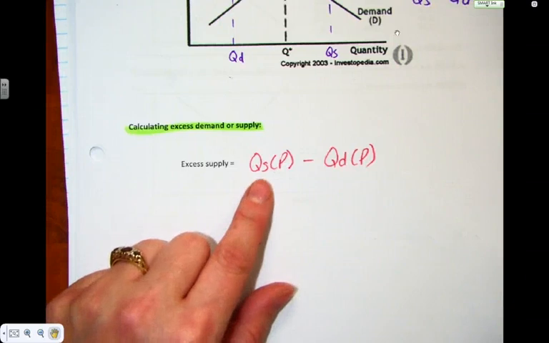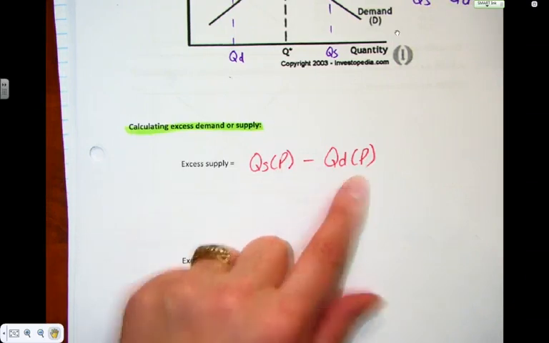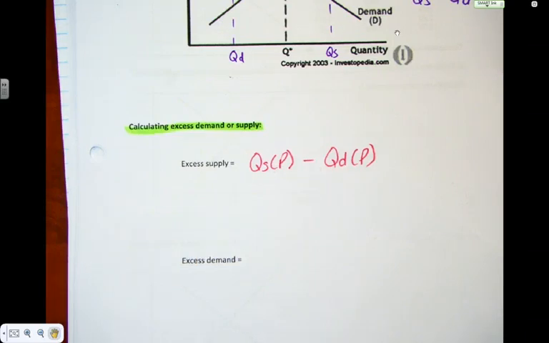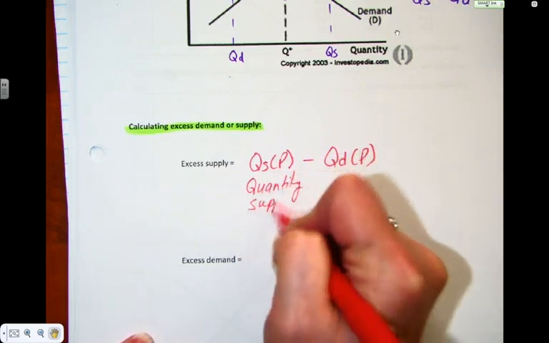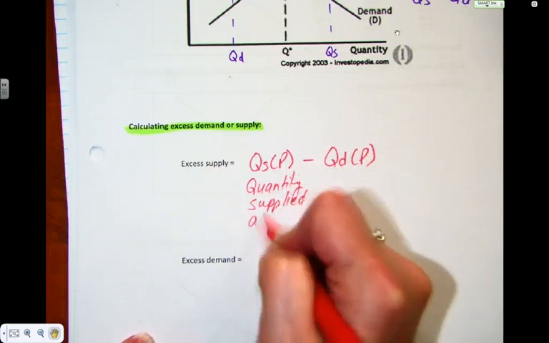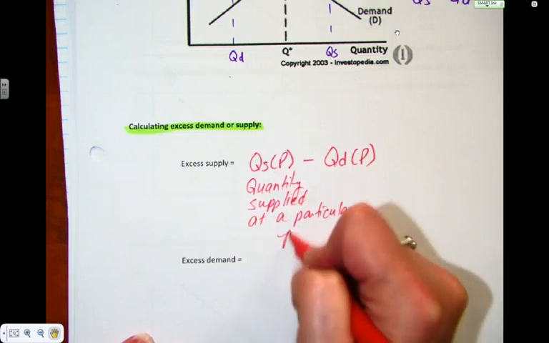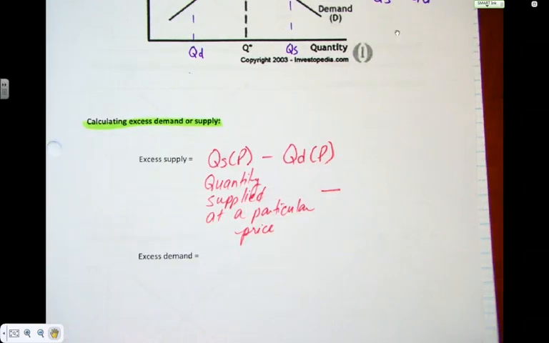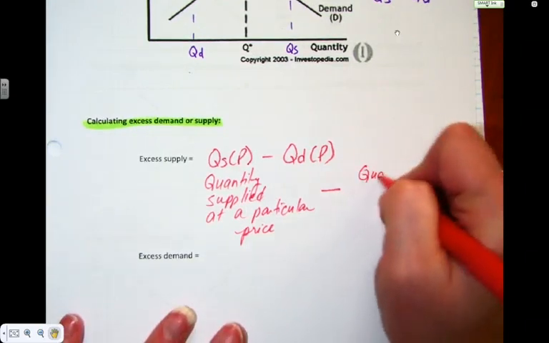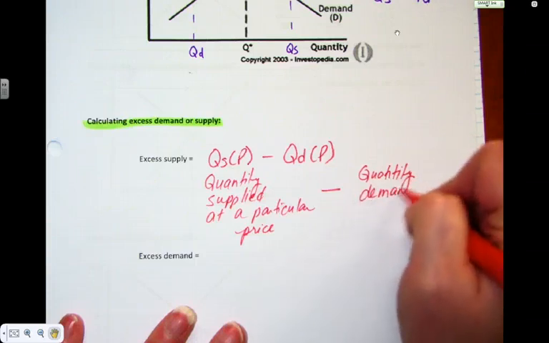So it's just telling you we want the quantity at that price minus the demand at the same price. So don't let the P's throw you off. You're not multiplying by P. It's just notation. So this is the quantity supplied at a particular price and then we just subtract the quantity demanded at the same price.